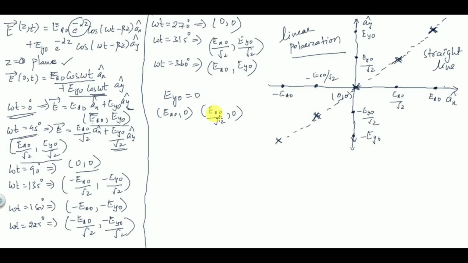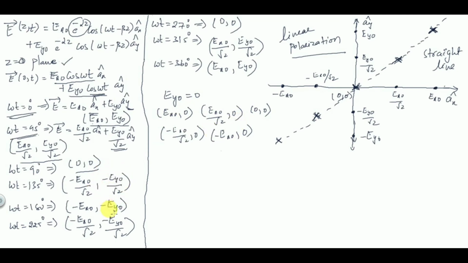So if you substitute 90, you'll get 0 comma 0. Next, if you substitute 135, we'll get minus Ex0 by root 2 comma 0. Next 180, if you substitute, it will be minus Ex0 comma 0, because Ey0 is equal to 0.